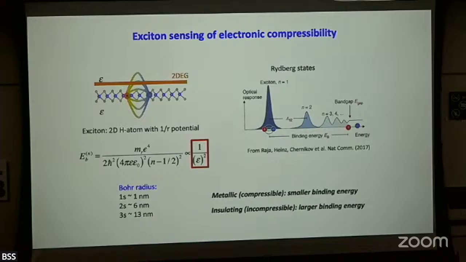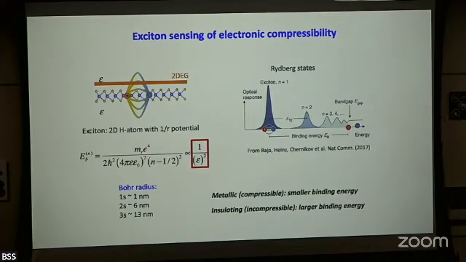So I expect all the exciton states to become weaker and the energy will shift. So the exciton binding will be weaker in that case. So by just looking at how the exciton binding changes with the state in my sample, I should be able to probe what's going on. So this is a bit of a hand-waving picture. We can sense whether there's a metallic state or insulating state, but it has difficulty telling exactly how large the insulating gap size is, and so on.